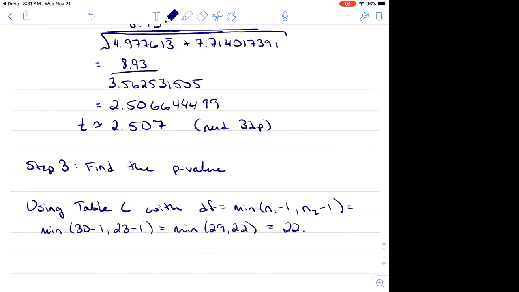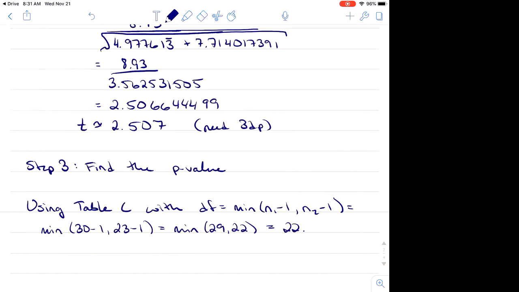I'd be okay if you cut out one of those middlemen. A little excessive. But I do want to see that you know that it has to be the minimum of n1 minus 1 and n2 minus 1. But then if you go straight to here, equals 22, that's fine by me.